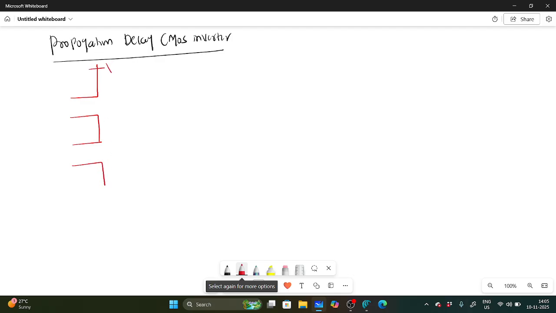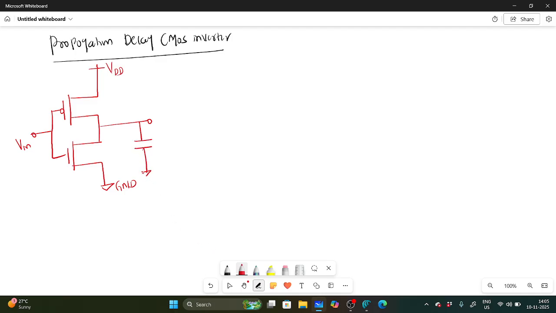So this is VDD and this is ground, this is my PMOS and this is my NMOS. Input is connected like this, and here you have some capacitor connected to ground.